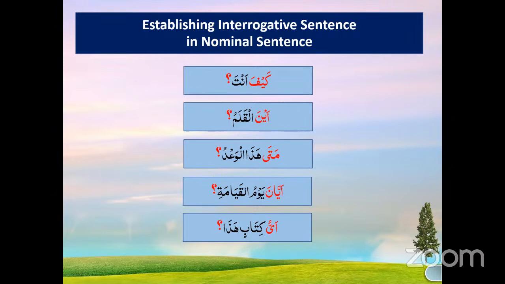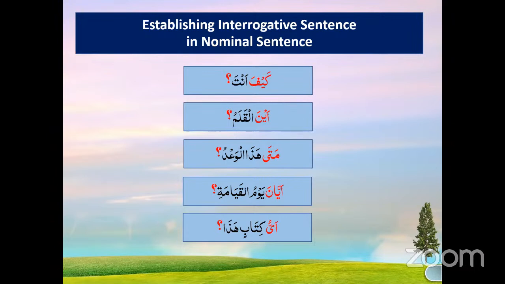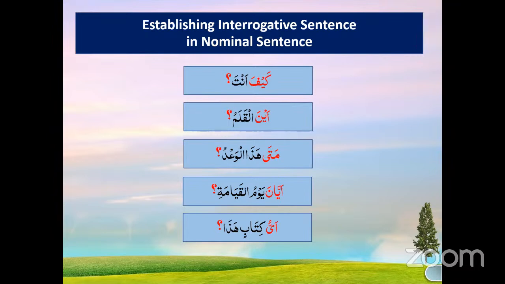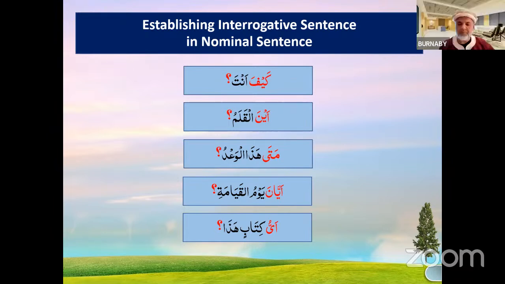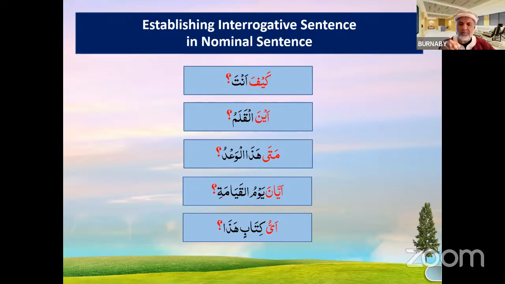Isn't that the quality of the mudaf, that it cannot have tanween? Yes. So ayyun is a special kind of mudaf. If it's mudaf, you also need a mudafun ilayh. If kitab is the mudafun ilayh, what is the status of mudafun ilayh always? Jar. So don't just look at the simple concept we are talking about. Also try to recognize what we have learned in the past.